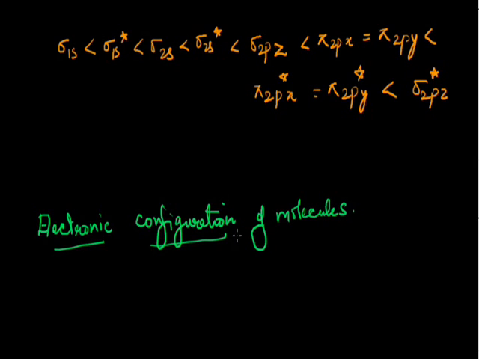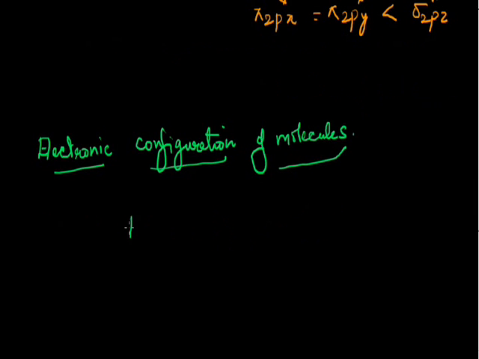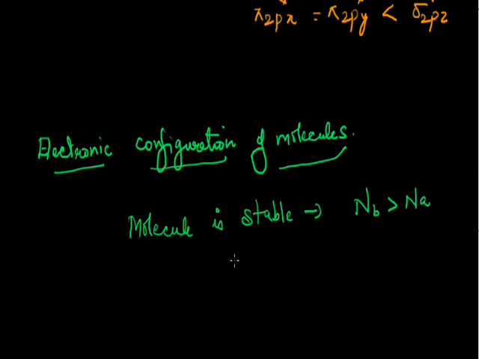Before this, let us understand when a molecule becomes stable. A molecule is stable if the number of bonding electrons is more than the number of anti-bonding electrons, and it becomes unstable if the number of bonding electrons is either less than or equal to the number of anti-bonding electrons.